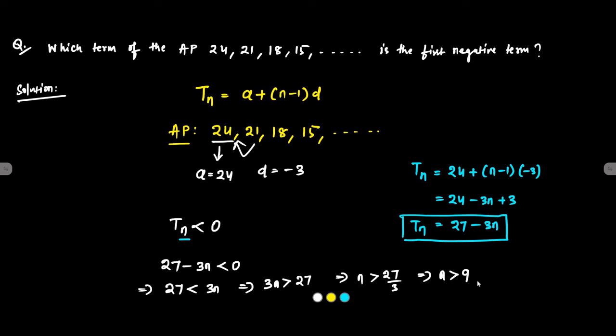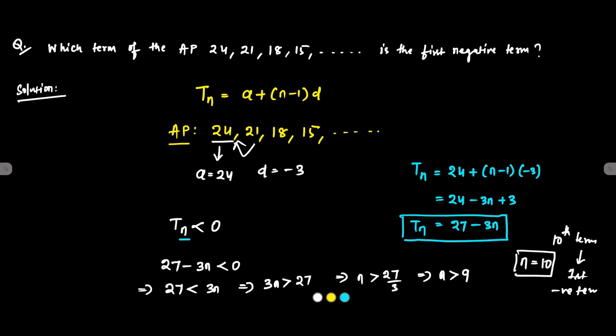So it deals with only natural counting numbers 1, 2, 3, 4. So the next term is 10. So n equals 10, the 10th term, is the first negative term in the AP.